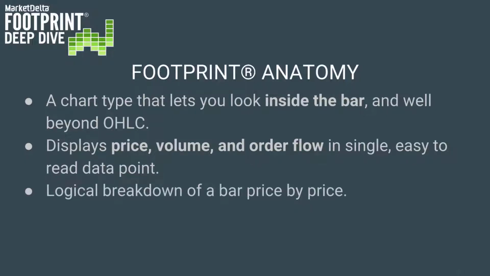And then, I guess last but not least, it's just a logical breakdown of a bar price by price. Nothing fancy here. It's leveraging the data that's available. It slices it up and gives you an understanding price by price of what's happening, how much volume, and what that order flow is.